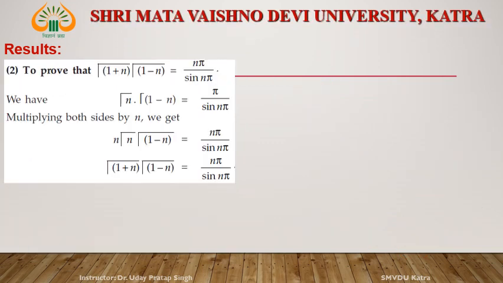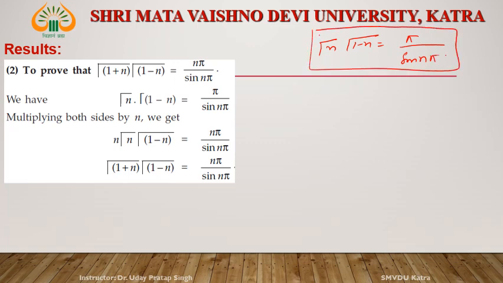Next, gamma of n into gamma of 1 minus n is equal to pi divided by sine n pi. Using this result, we can show this one.